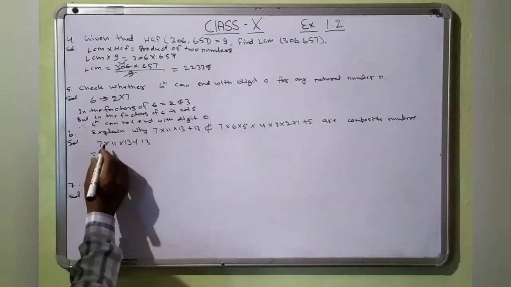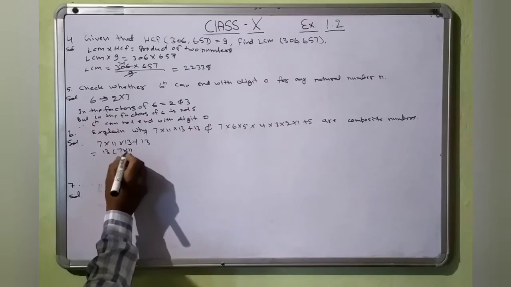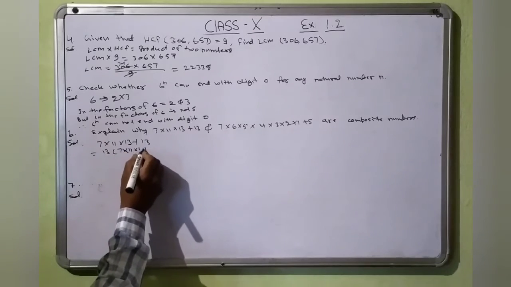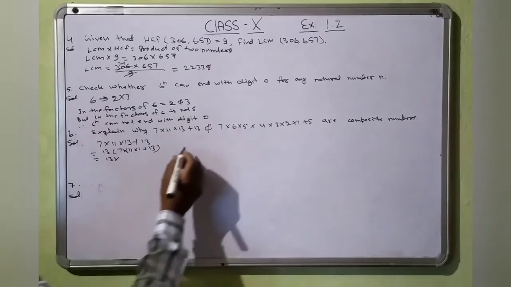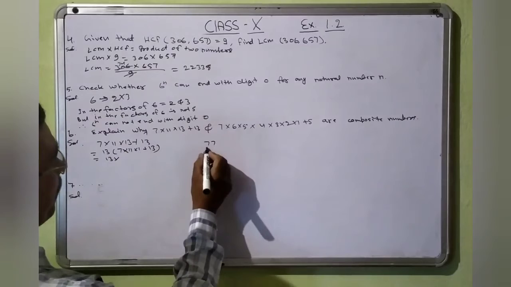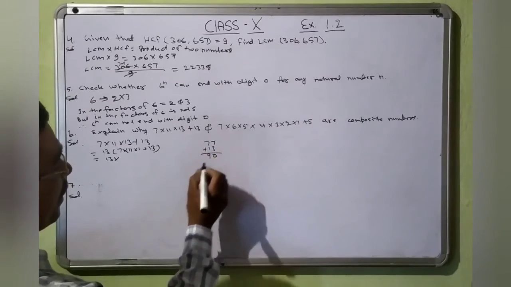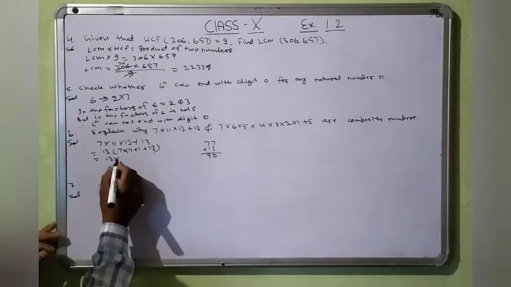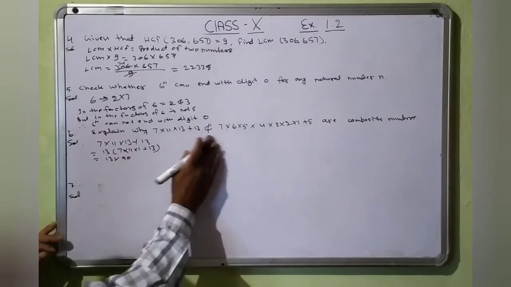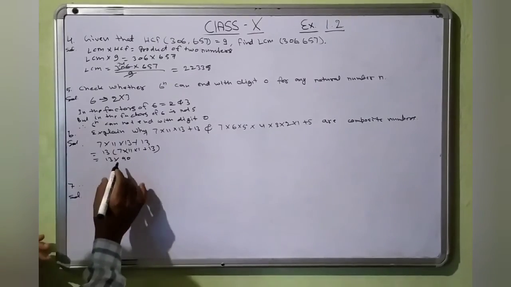See that 13 is common, so that will be 13 times (7 multiply 11 multiply 1 plus 1).